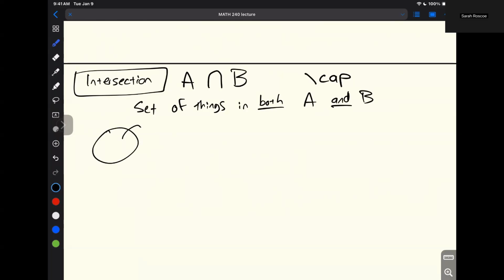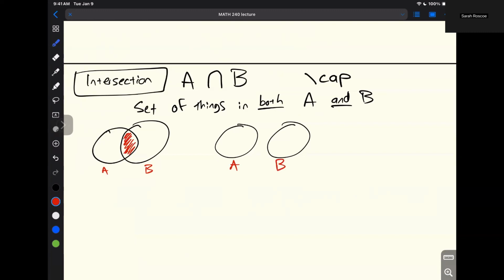In our Venn diagram, if this is A and this is B, then the intersection is the things in both of them. So it's that middle part. If this is A and this is B and there's no overlap, then there's no intersection, and we say that these are disjoint.